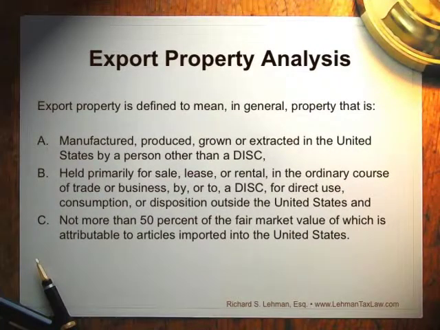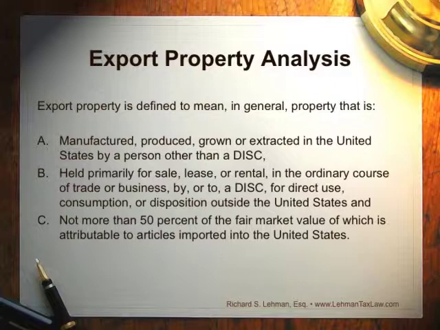Now, once we have that computer program, which is a copyright article, not a copyright, then we have export property. Why? Because that computer program is going to be serviced here. It's invented here with U.S. brainpower.